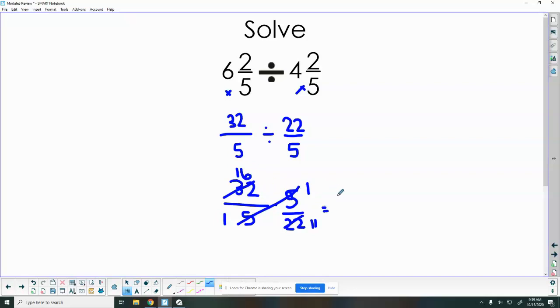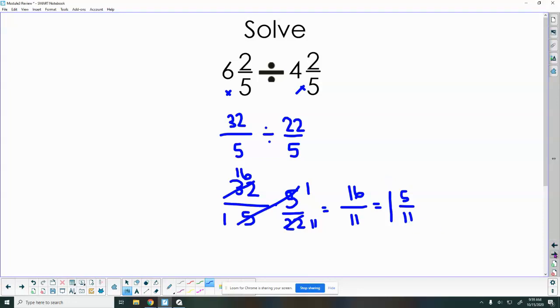So 16 times 1 is 16. 1 times 11 is 11. And then 11 goes into 16 one whole time. 1 times 11 is 11. To get from 11 to 16 is 5 more pieces out of 11. So when I have 6 2/5 divided by 4 2/5, I can make one whole group with 5 11ths left over.